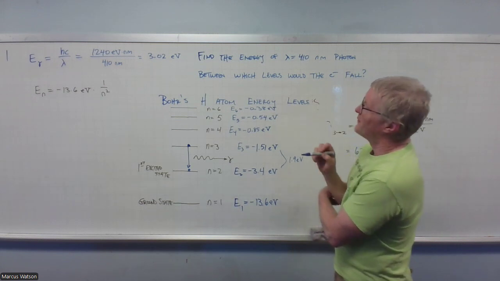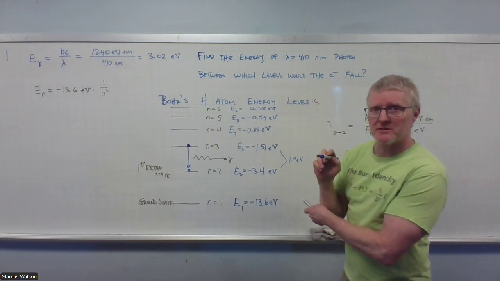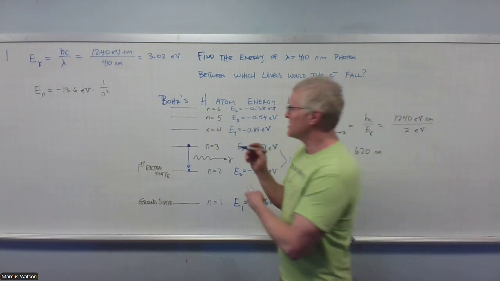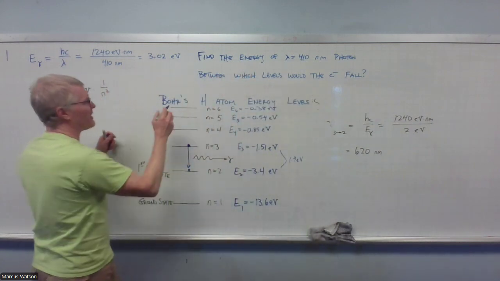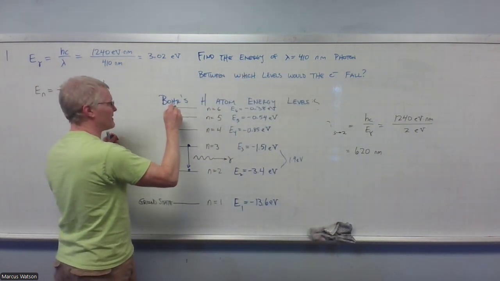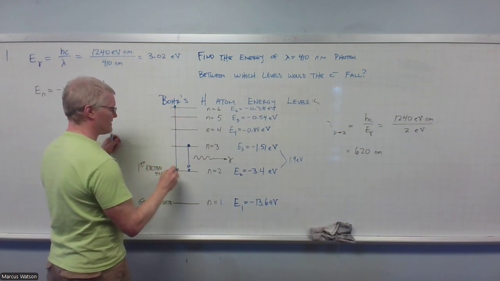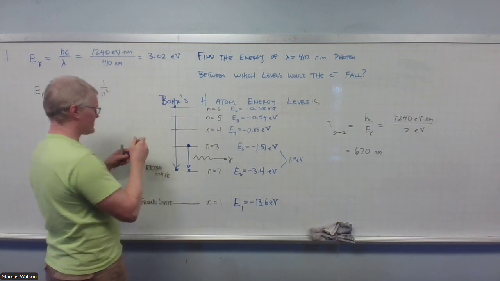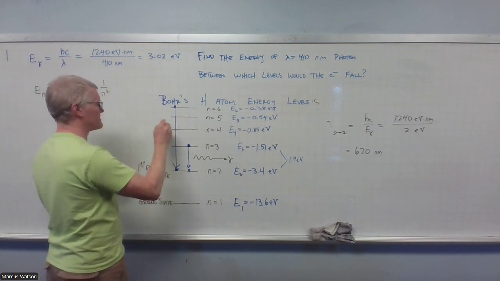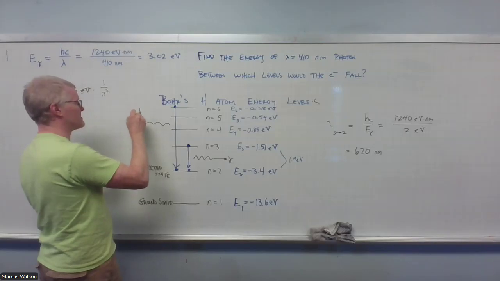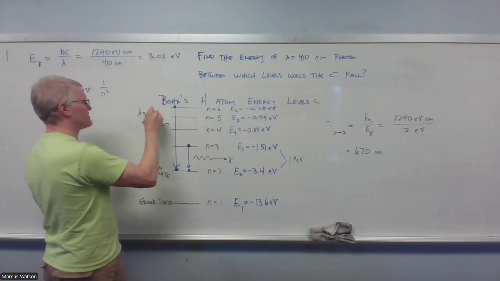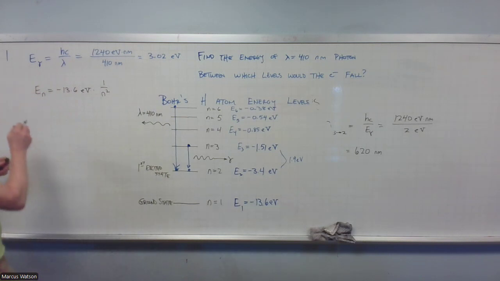So that means that the 6 to 2 transition gives me a photon of that wavelength. Right?